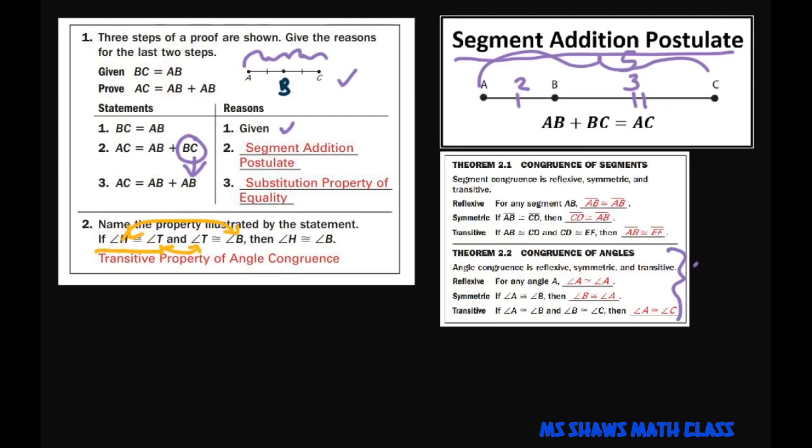And that's your transitive property of angle congruence. Something like if A equals B and B equals C, then A equals C. That's if, then.